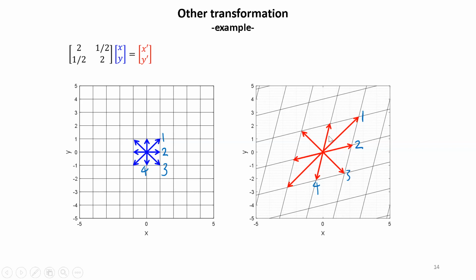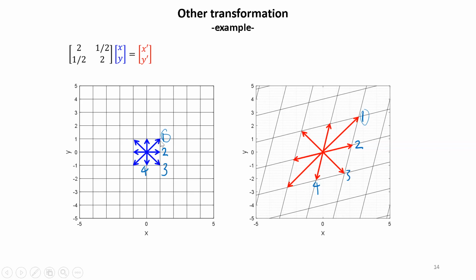But if you look at number 1, although the magnitude of number 1 also changed, in fact the direction stays the same. The direction of number 1 remains unchanged under this transformation. And also look at number 3. Number 3 is the same thing, so the direction is actually not changed.